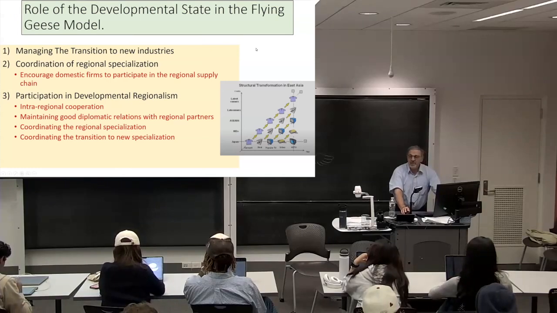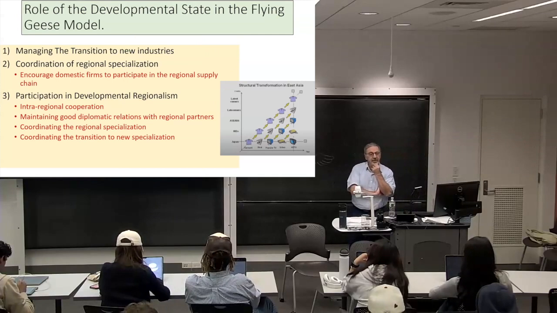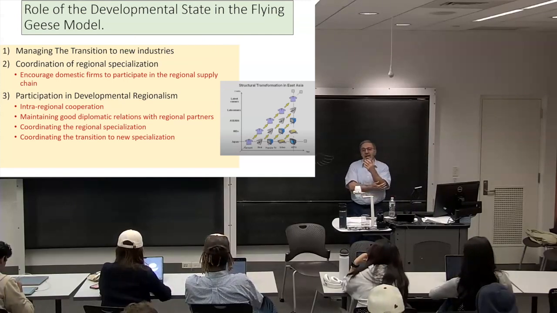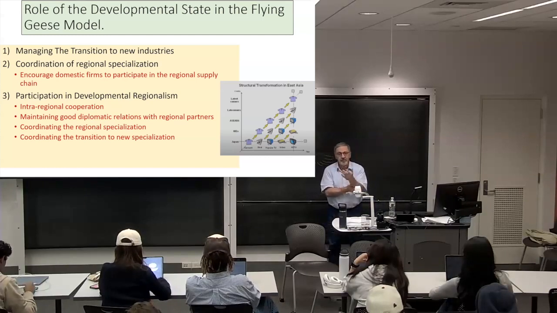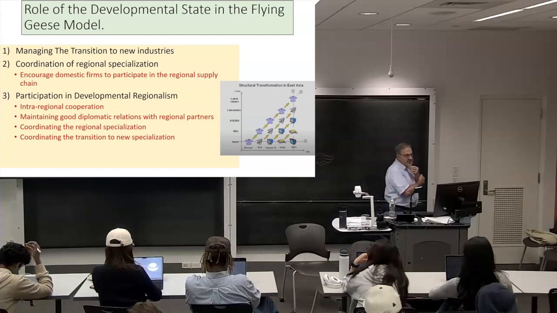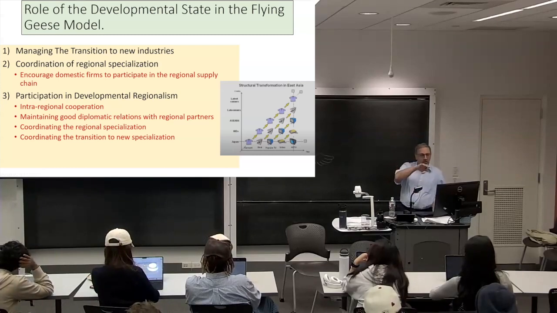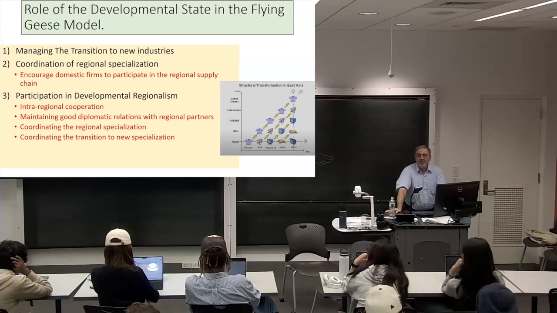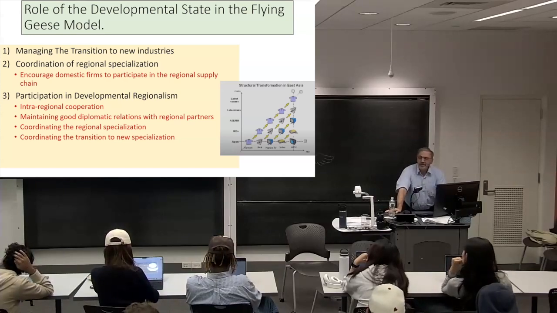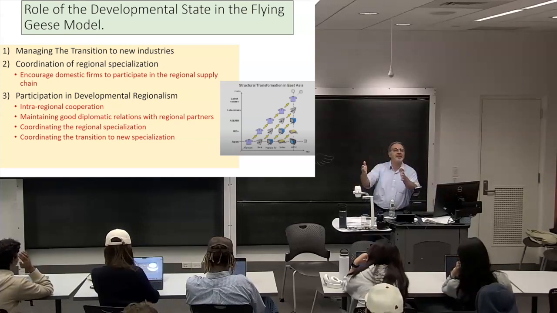Okay, so now the question is, what is the role of government during this process? What are some of the specific activities that require government involvement and government management? And you can see them here. We're still talking about this process of flying geese in terms of transfer of technology from one country to the other, but this needs active government management, because the countries' industries are continuously in transition.